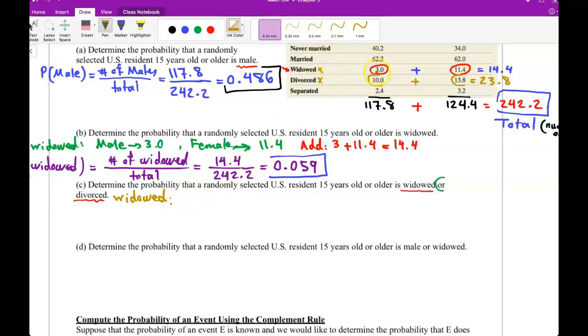So here we have 3 plus 11.4 and we got 14.4. And for divorce, here we have 10 plus 13.8. So that part is 23.8.